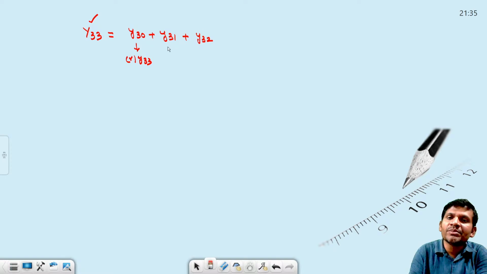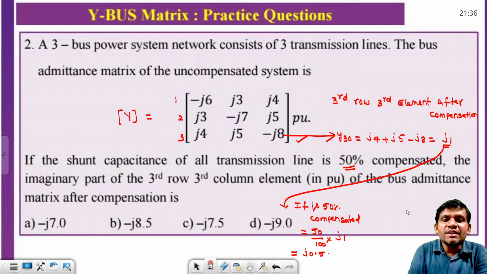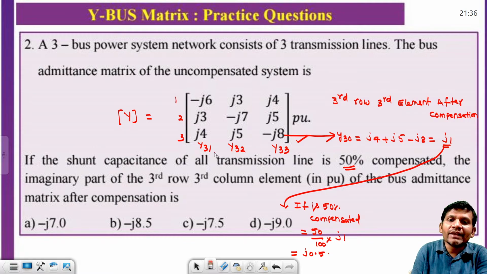Here, whatever admittance matrix is given, these are the capital letters. This is Y31, Y32 and Y33. Clear?